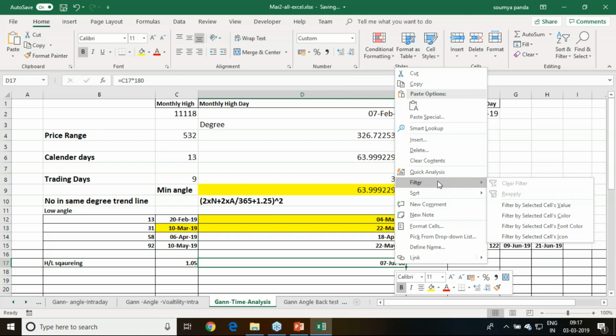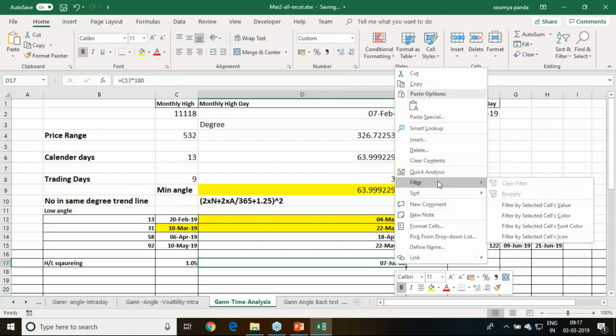Then the next cycle is 30 degree. Third is 45 degree, fourth is 60 degree, fifth is 75, sixth is 90. Six cycles complete 90 degree, and another six cycles complete another 90 degree.